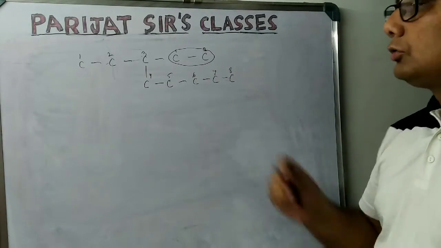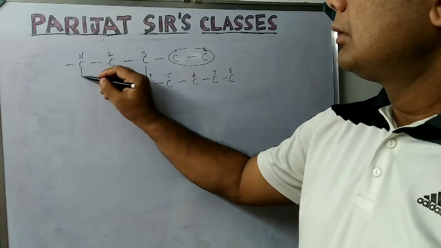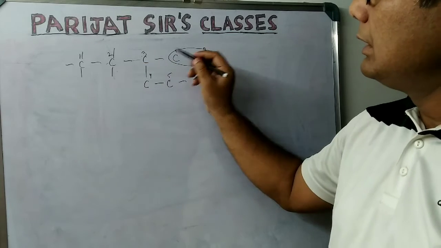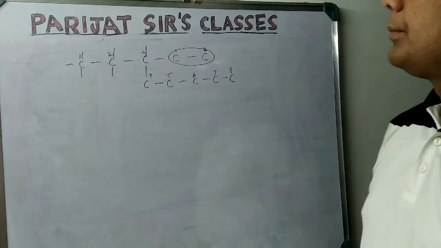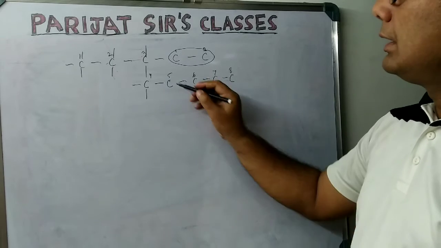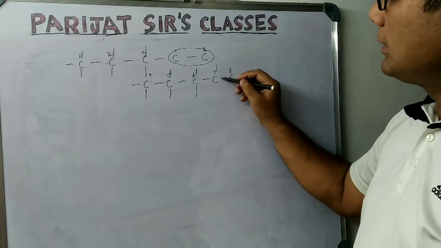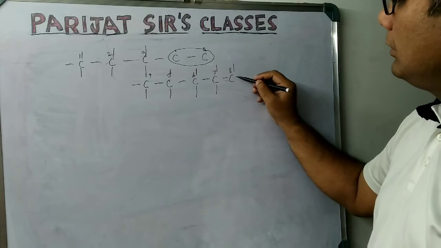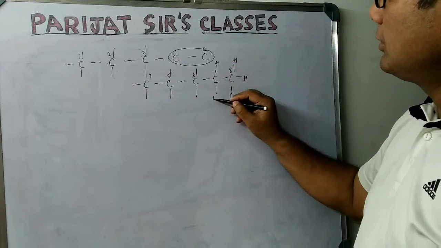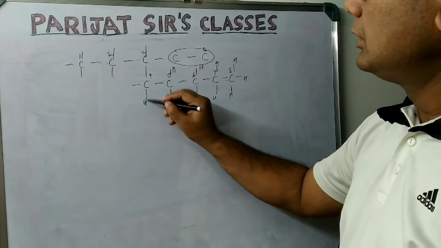Now what we'll do is fill up the carbon's 4 bonds. This carbon has 1, 2, 3 bonds, so it will have 1 hydrogen. This carbon has 1, 2, so it will have 2 more hydrogens. These will be filled up with hydrogen, because every carbon atom should have 4 bonds.